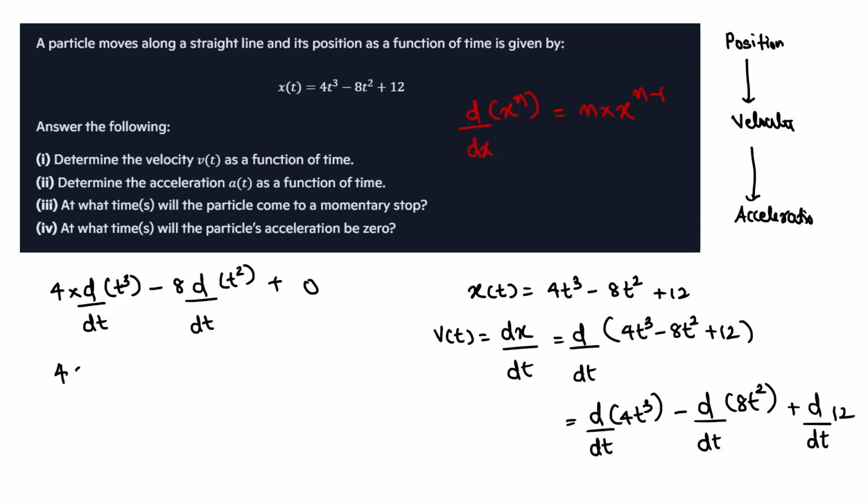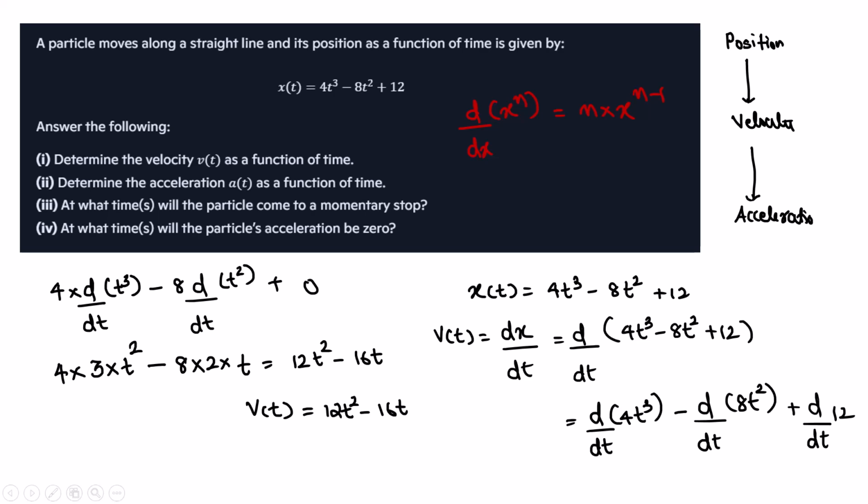So this can be written as 4 into 3 into t raised to 3 minus 1, that is t square, minus 8 into 2 into t raised to 2 minus 1, that is t. So this is 4 into 3 equal to 12, 12t square minus 16t. So the velocity function v of t is equal to 12t square minus 16t.